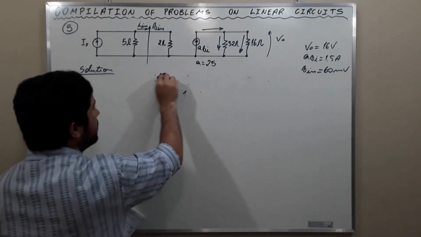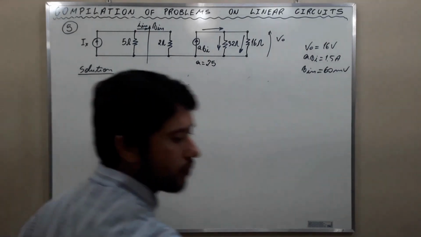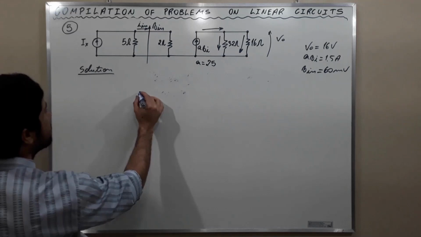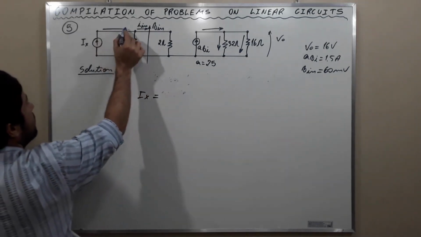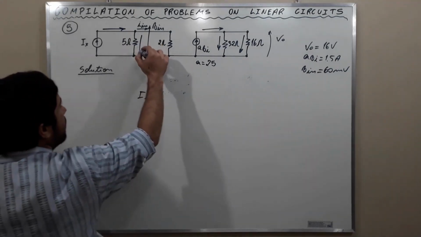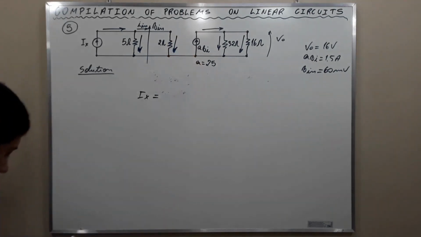I need more space. Ix, the current here, is equal to the sum of the currents here and here.